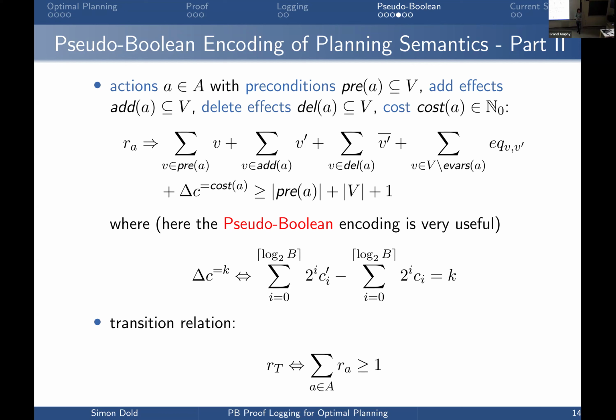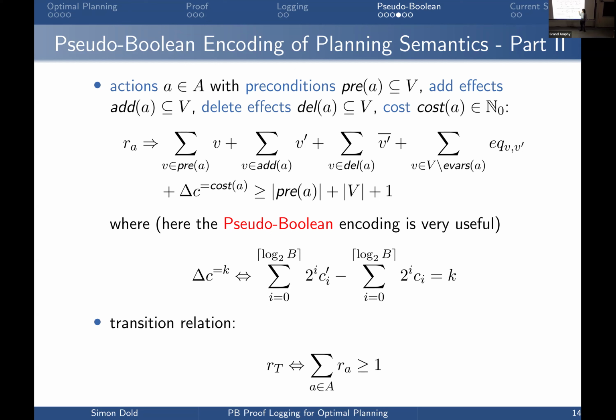And additionally, I have this cost. So I want to express that when I apply this action, then the resources I have spent, they tally up.